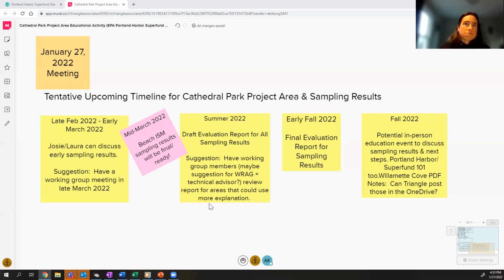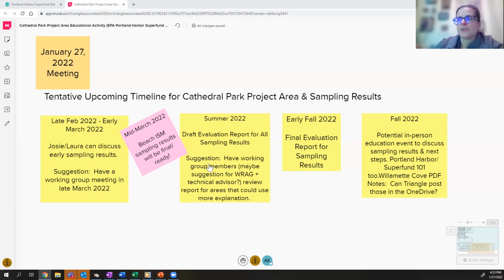And so the main question that I'd like to pose, because we have so many brilliant minds here, and thank you all for being here, is do you feel that looking at that draft evaluation report with that lens is worth your time, basically? Or would you rather not look at it and just wait until the final evaluation report comes?